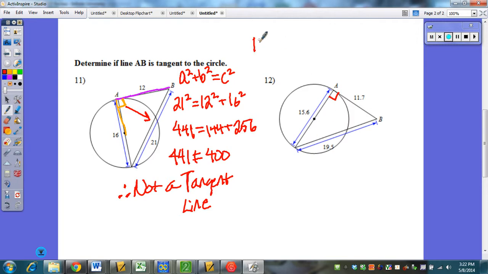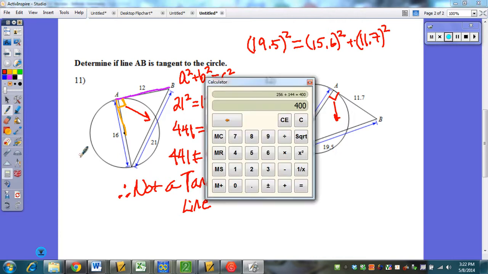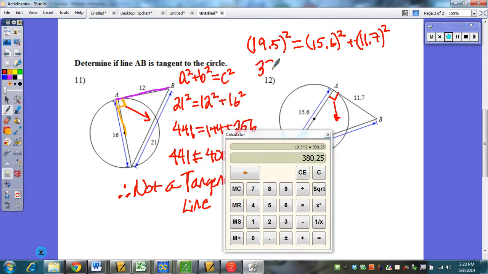So therefore, we have 19.5 squared, because that's my hypotenuse, should equal 15.6 squared plus 11.7 squared. All right, so just calculating it out again, we have 19.5 squared, which gives me 380.25.